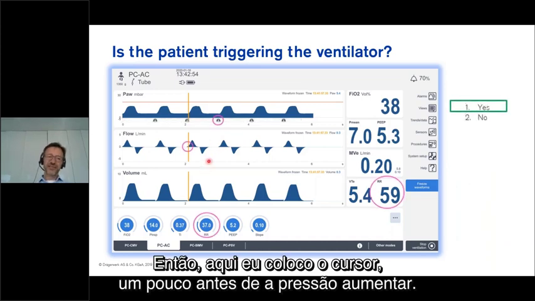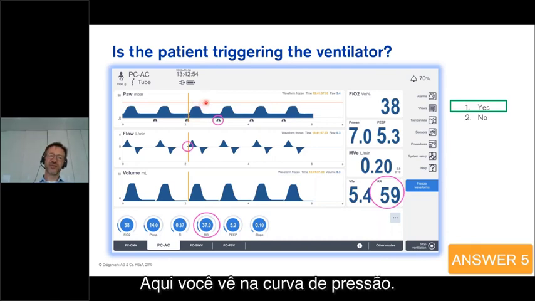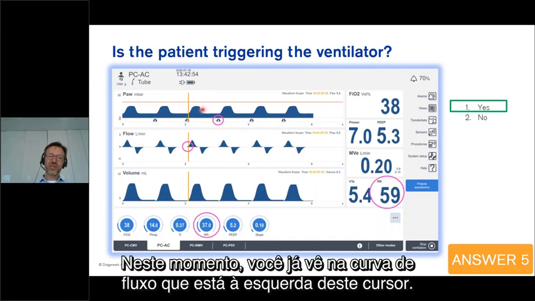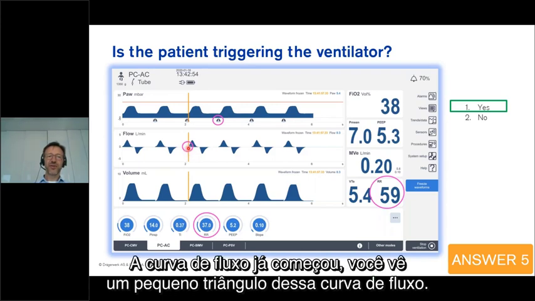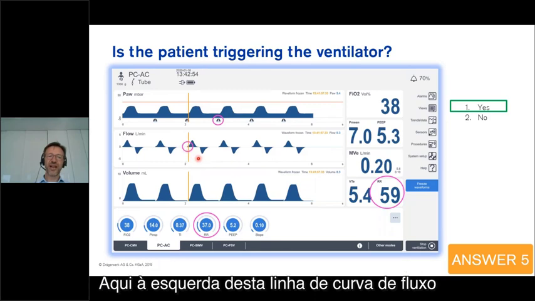You see here, I put the cursor right before the pressure is built up. You see it in the pressure curve. And at this point in time, you see in the flow curve that to the left of this cursor line, the flow has already started. You see a small triangle of this flow curve to the left of this cursor line.